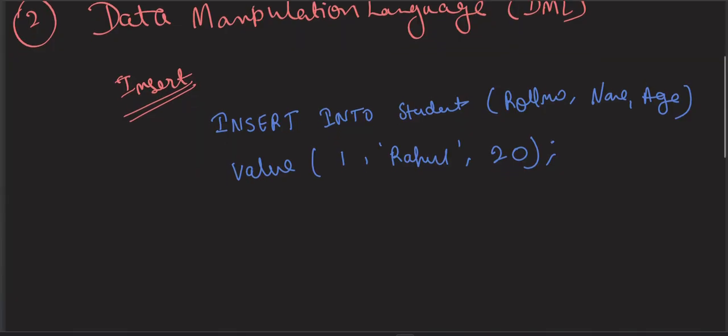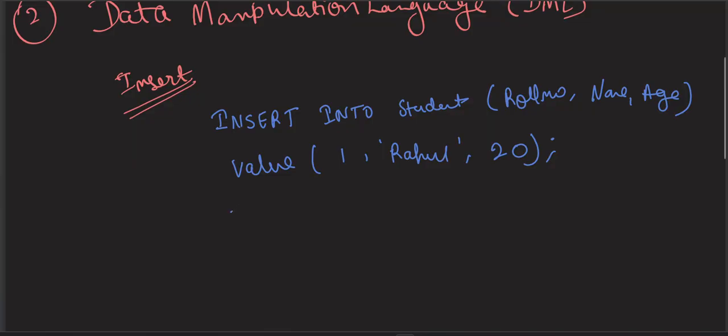Now you can use insert into student, value, which is 2. It is values. My bad.